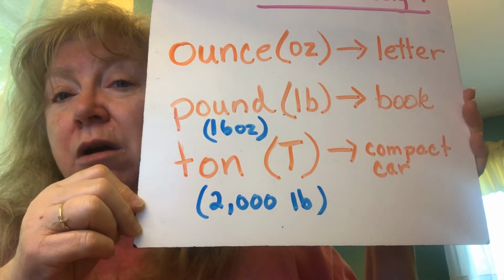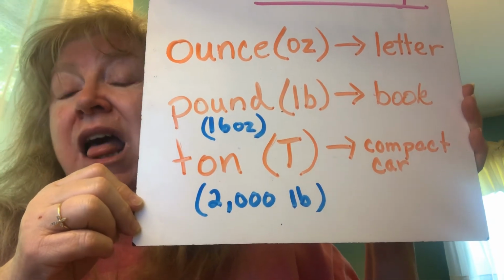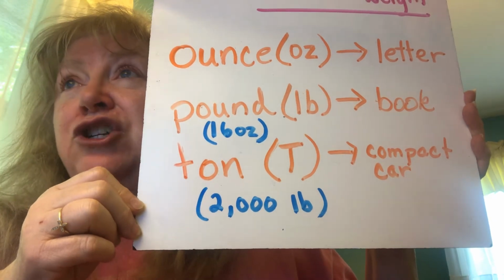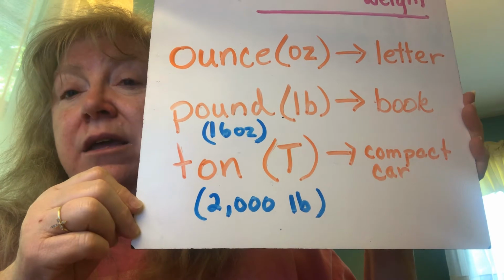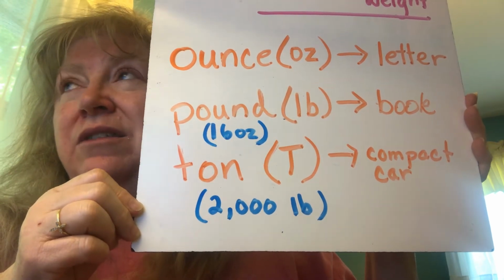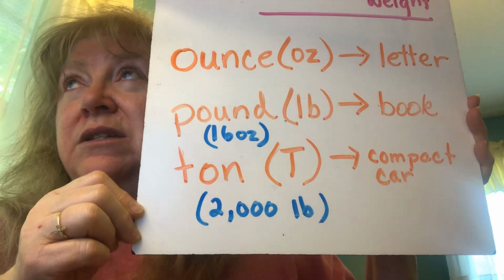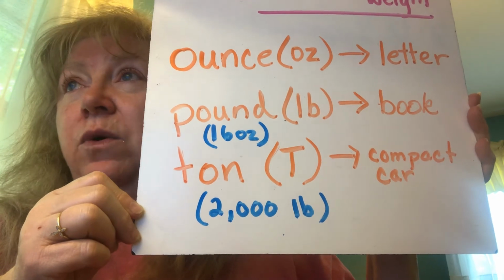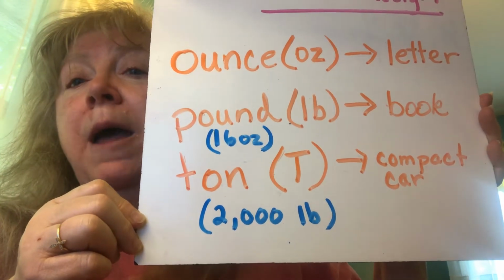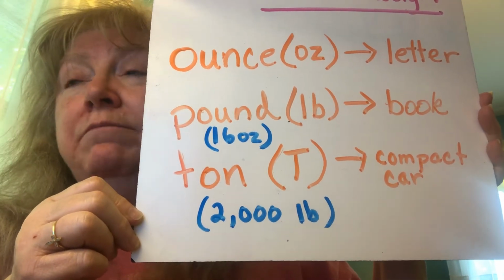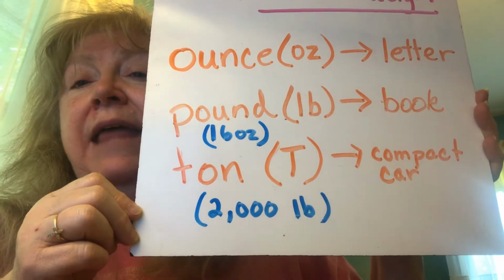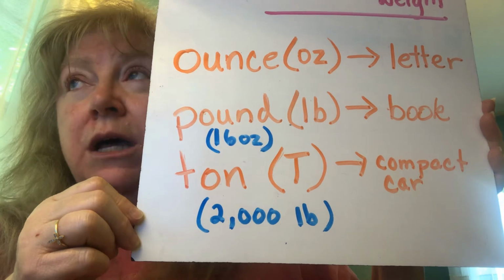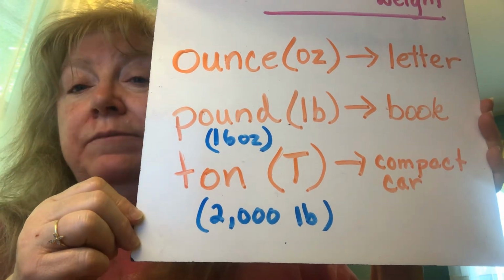So a small car would be about a ton. A ton actually measures out to be 2,000 pounds. Just like a pound, to give you an idea of what a pound is, I tell you it's about the weight of your math textbook. But the actual measurement of a pound is 16 ounces. And the actual measurement of a ton is 2,000 pounds.